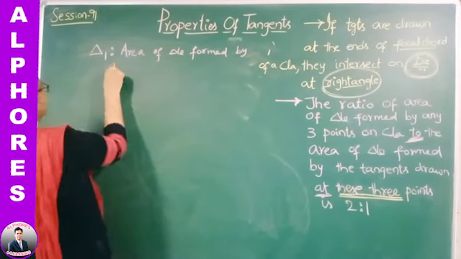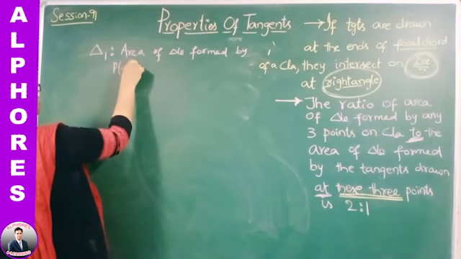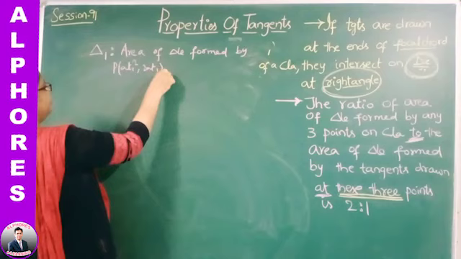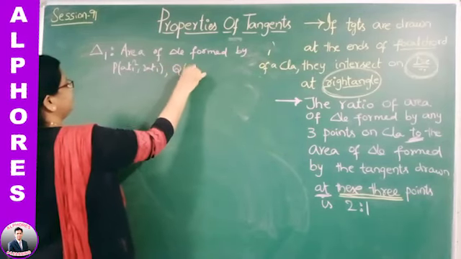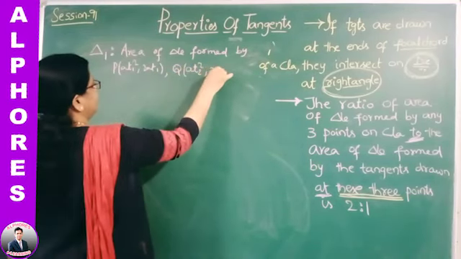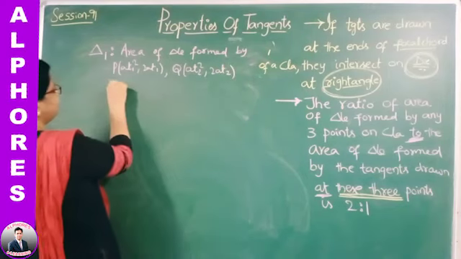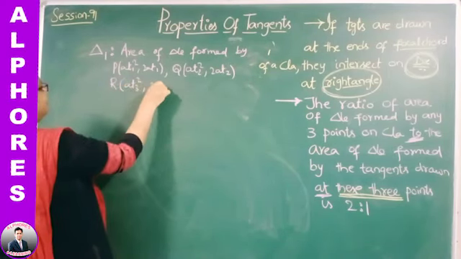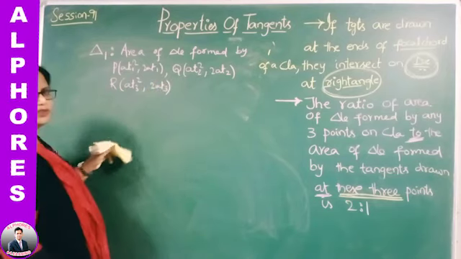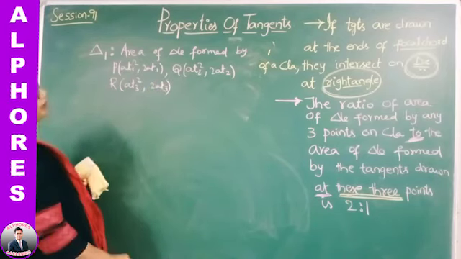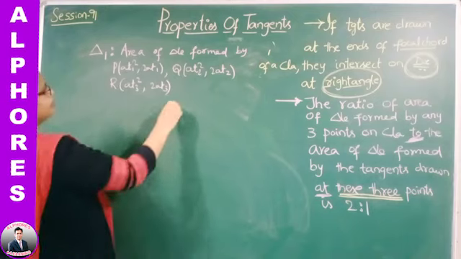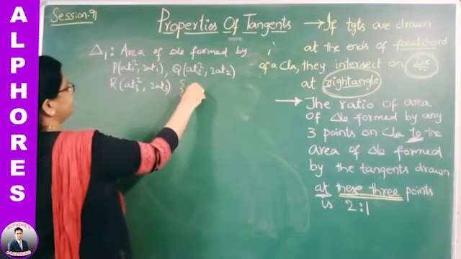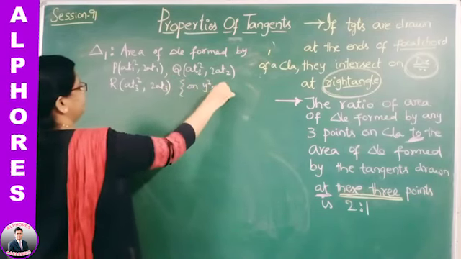That is P(at1², 2at1), Q(at2², 2at2), and R(at3², 2at3). So now we are finding these values. These are our 3 points on the parabola, with standard form y² = 4ax.